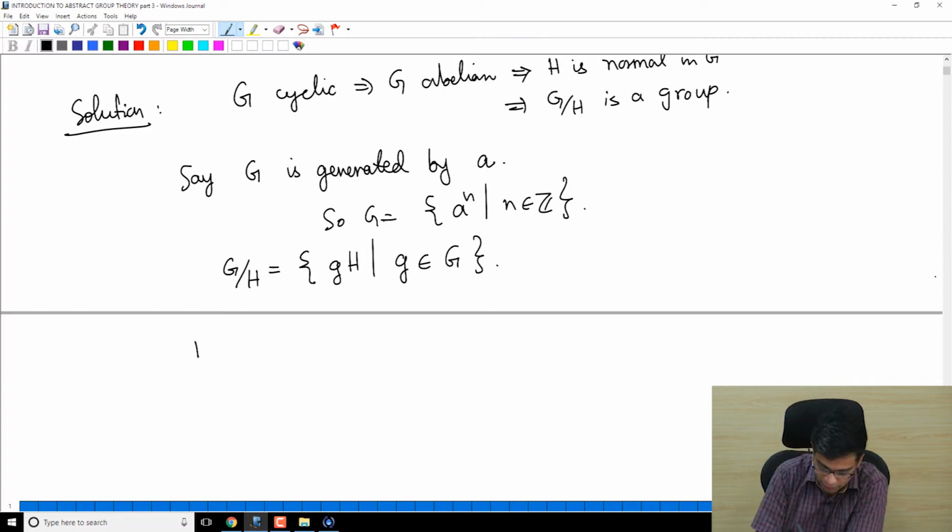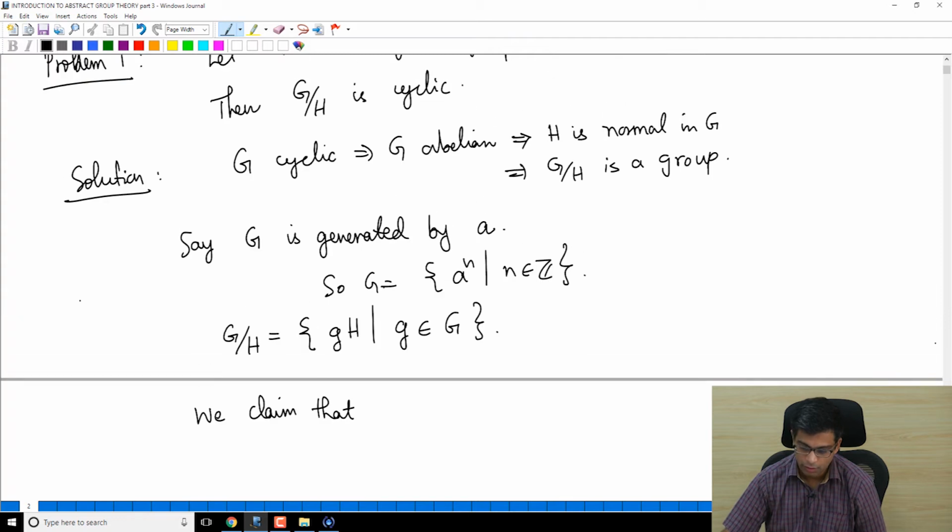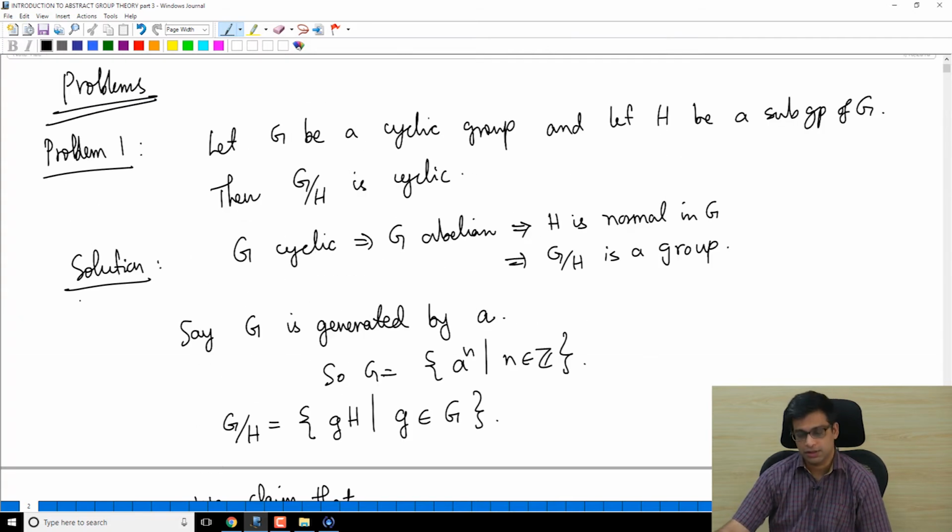So we claim that, what is your guess? We are trying to show that G mod H is a cyclic group. If G is a cyclic group, G mod H is a cyclic group. In other words, we have to exhibit a generator for G mod H. It's obvious to guess what?